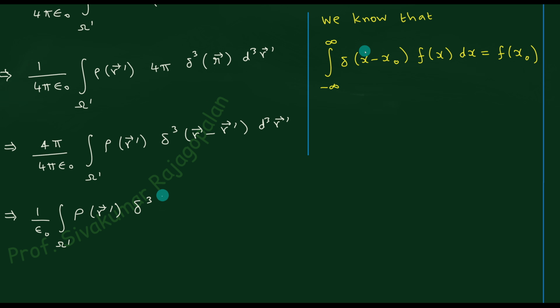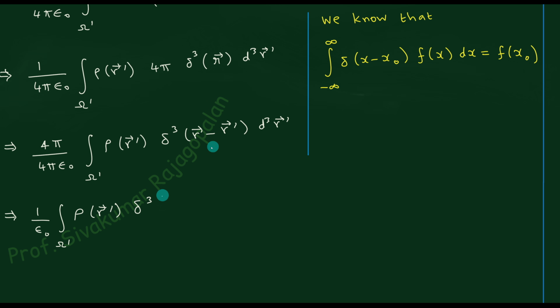They will disappear after the integration, because the integration is with respect to x, and x will take a number. You are going to substitute some limit here. It may not be infinity, but you are going to put a number. Once you put a number, the x will disappear. What is left out is only x naught. So that will be an f of x naught. This is the general rule for any integral, not only for the Dirac delta function.